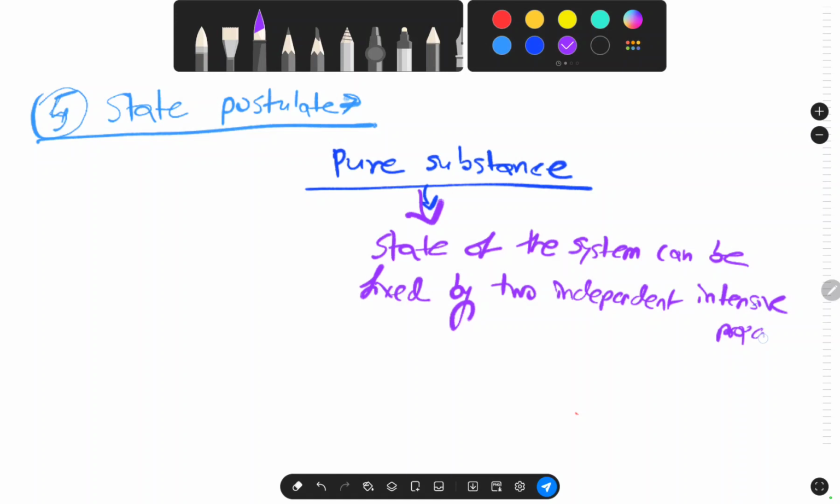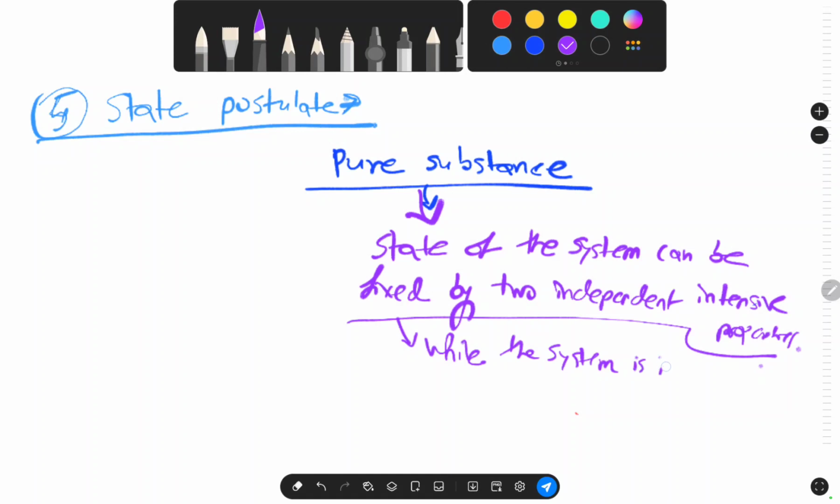So while the system is in equilibrium, the equilibrium concept I will discuss later in this video. The system is in thermodynamic equilibrium. Now with the state postulate concept, we can calculate the other properties of the system, maybe other extensive properties, using these two independent intensive properties.